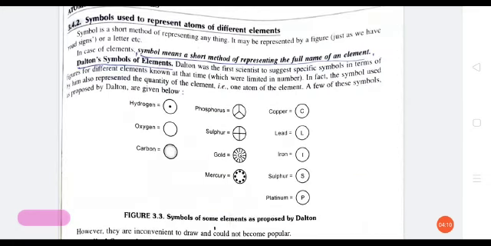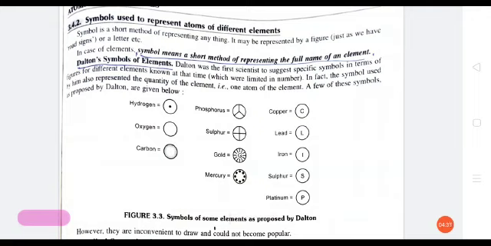Now, next is symbols used to represent atoms of different elements. Now, what are symbols? Symbol means a short method of representing the full name of an element. So, by seeing the symbol only, we can understand which element we are talking about.